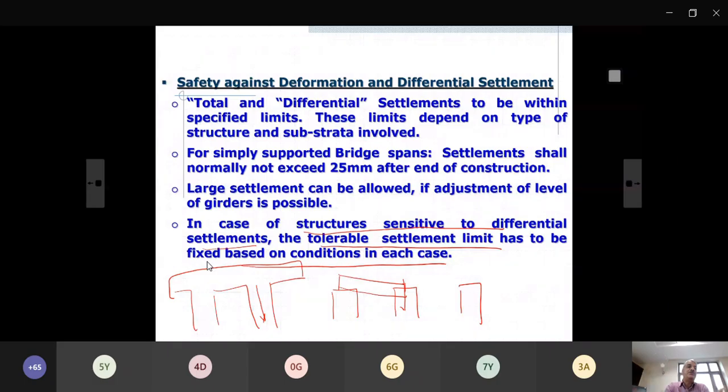In fixed beam, if you change the level, your whole moment, shear force, everything will change. Fixed structures or very tall structures, cable stayed bridge, suspension bridge, those sort of very tall, where your structure is very tall, even a small differential settlement will result into a lot of shift. So that sort of thing.